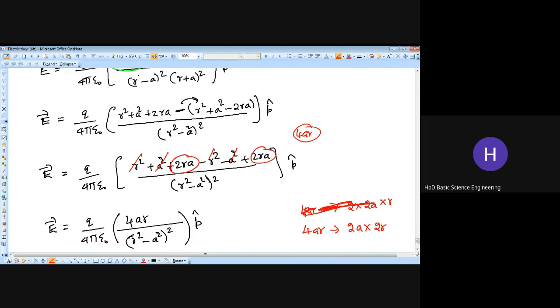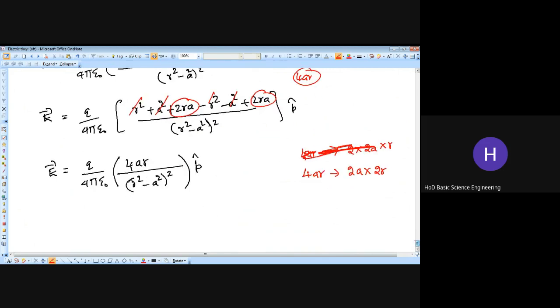So I will rewrite that one more step. Electric field, Q by 4 pi epsilon naught, and 4AR is written as 2A into 2R divided by (R square minus A square) whole square, into P cap.